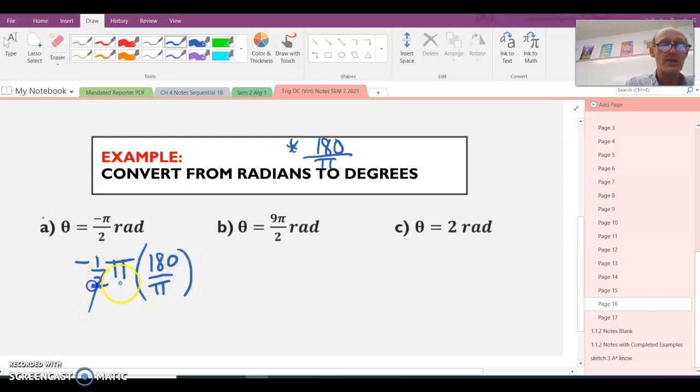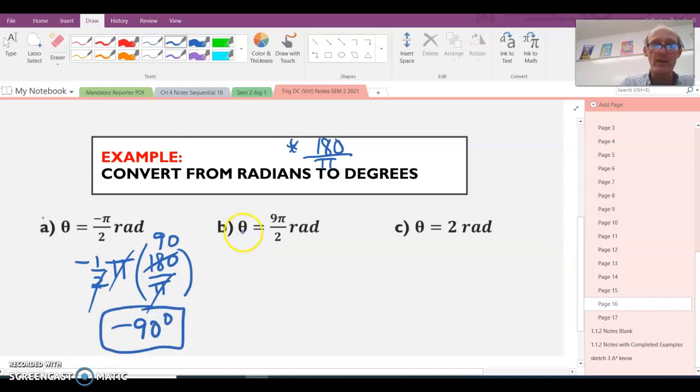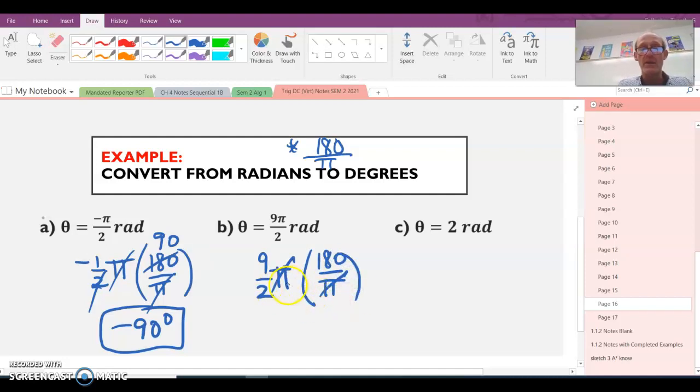This 2 and this 180 make 90, and the pi's cancel out, and I have negative 90 degrees. That's how I make that conversion. Okay, and now the next one is 9 over 2 pi times 180 over pi, and the pi's cancel, and the 2 and the 180, I get 90 here. So 9 times 90 is 810 degrees.